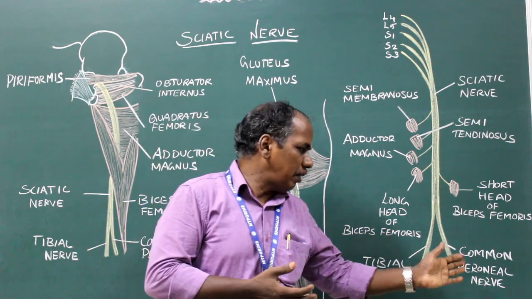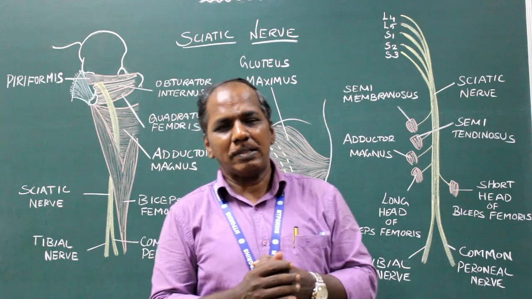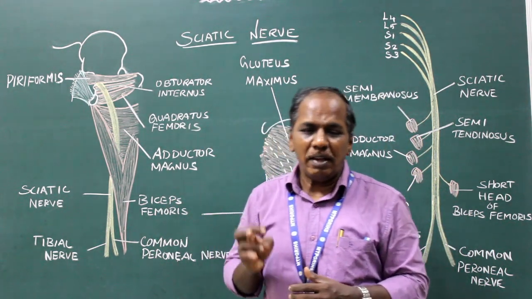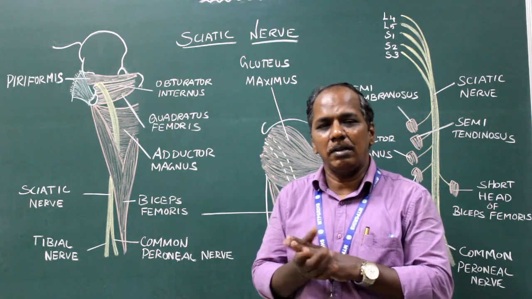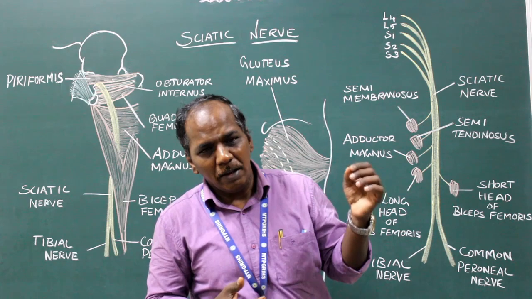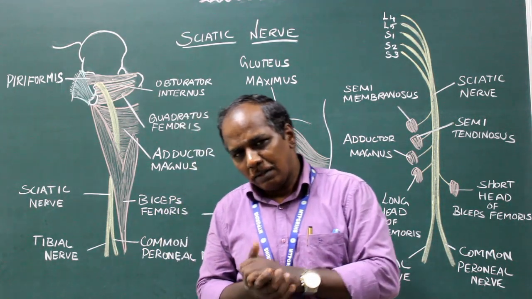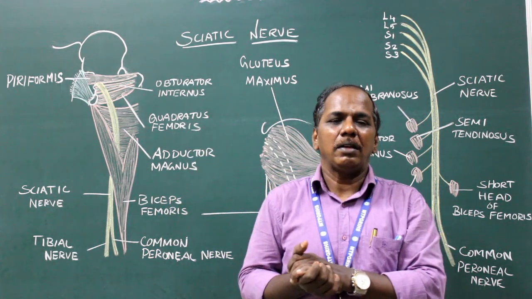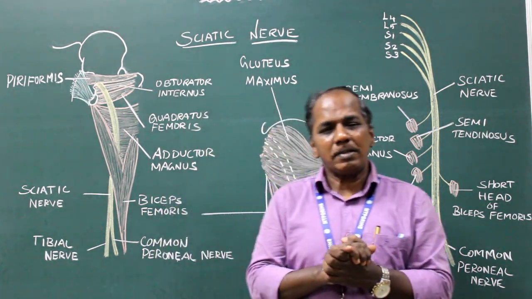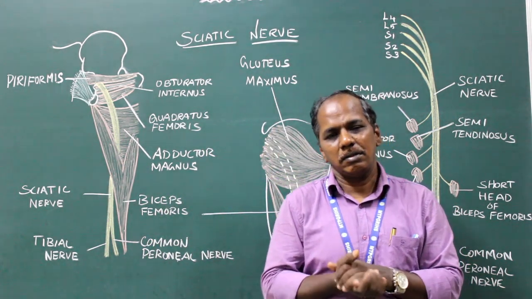The root value for the peroneal component is dorsal division of L4, L5, S1 and S2 spinal nerves. So the tibial component, ventral division of L4 to S3, the peroneal component, dorsal division of L4 to S2 spinal nerves.